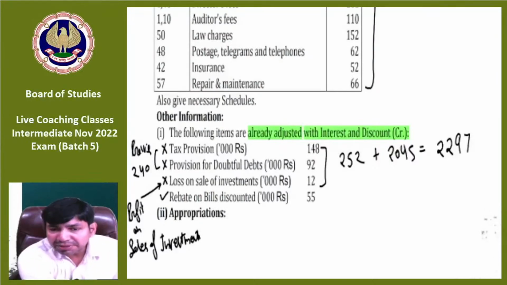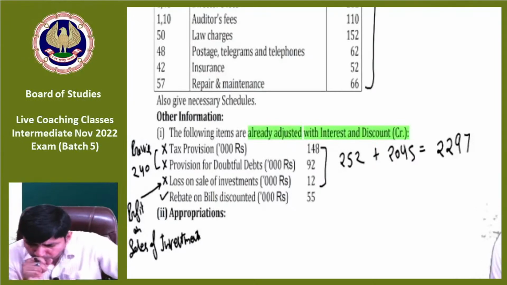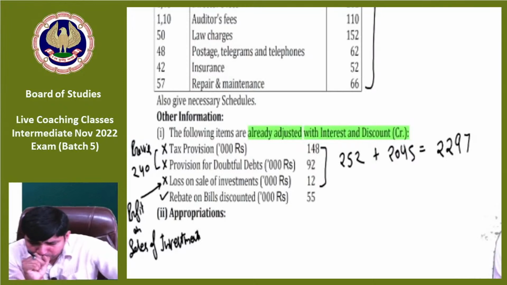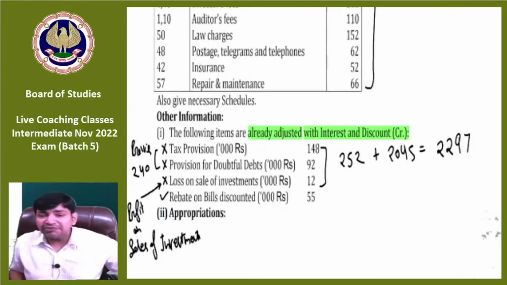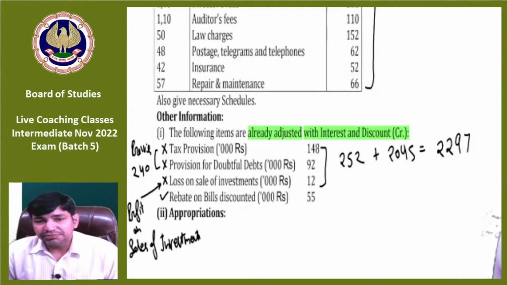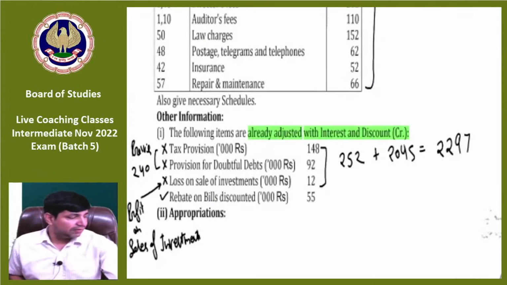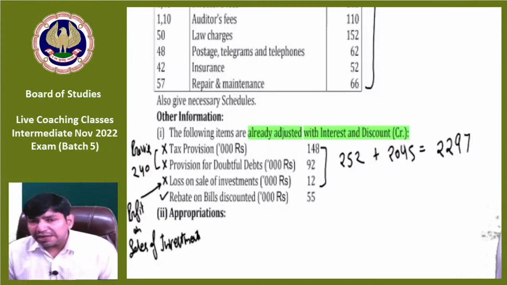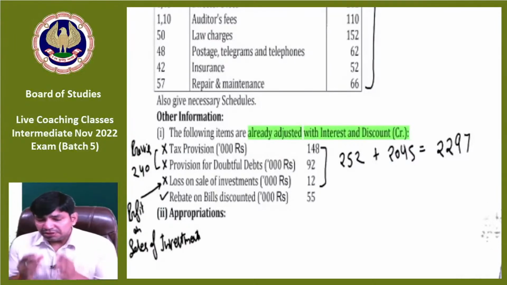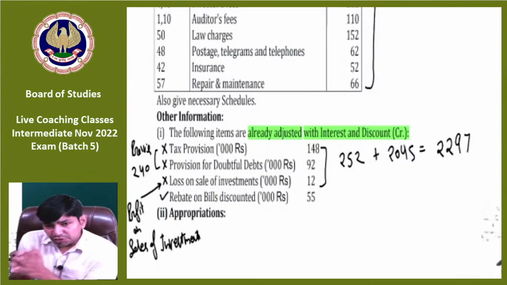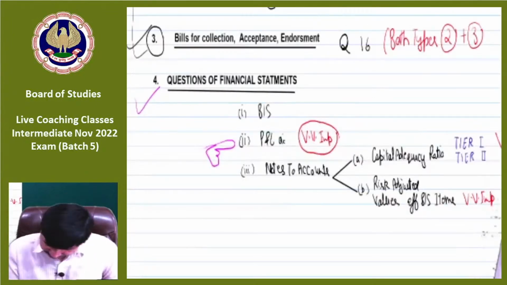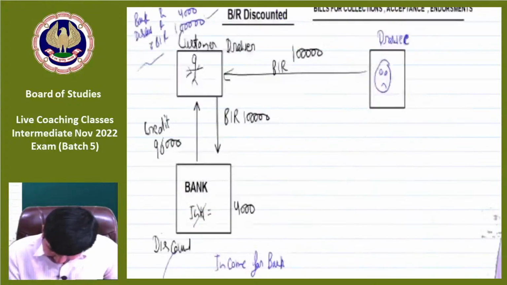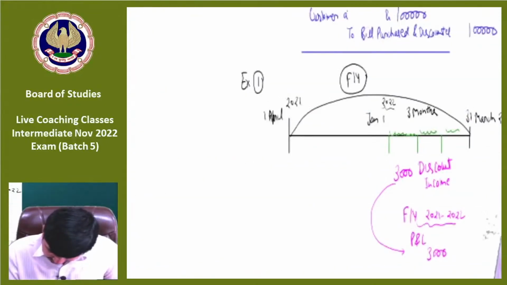Namrata beta, rebate was not added back. I'm going to drink water, just a minute. Rebate was not added back because closing rebate is reduced. We have practiced today in a question that closing rebate is reduced to find out the current year income.